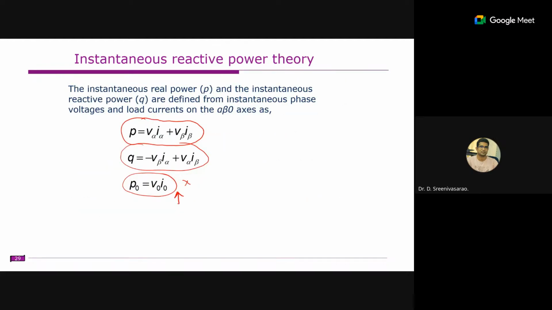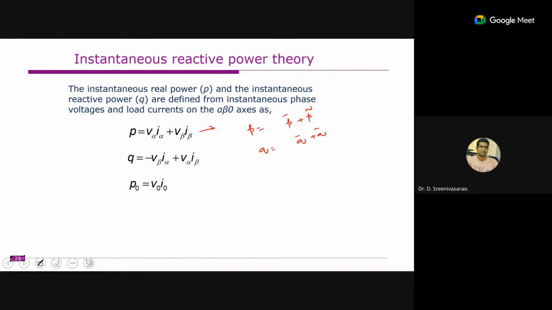If you observe these power waveforms, the P consists of two components: a PDC and a PAC component. Similarly, Q consists of a QDC and a QAC component. If you see the spectrum, you have one DC component and one AC component in these two.